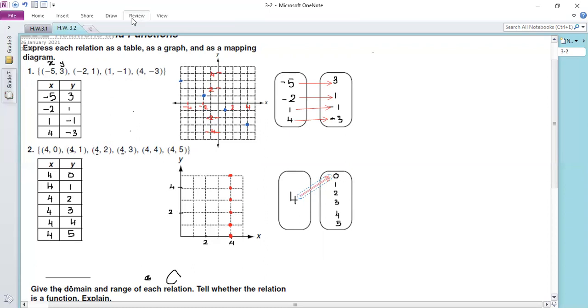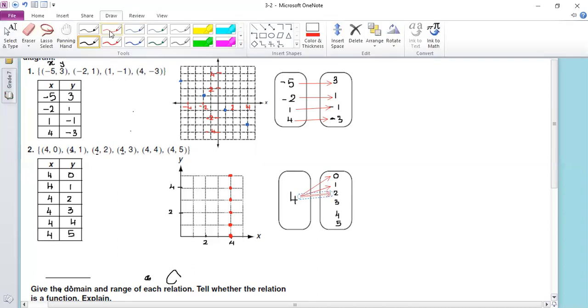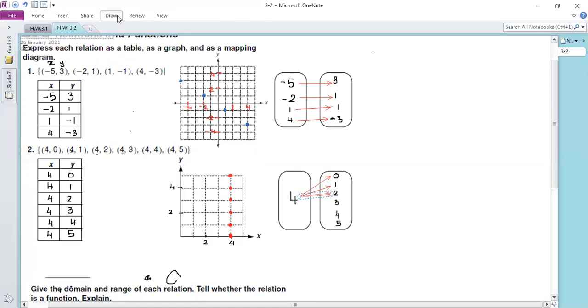In the same way, you will keep joining. So 4 to 0, 4 to 1, then 4 to 2. The only important thing is you don't need to keep repeating the number. Rather, you can just write 4 once because the value of x is 4. So this way it goes.